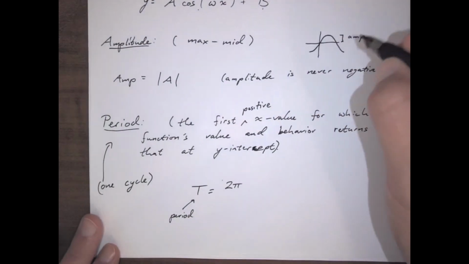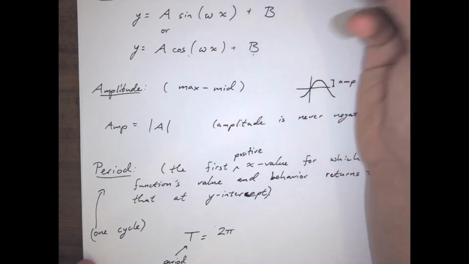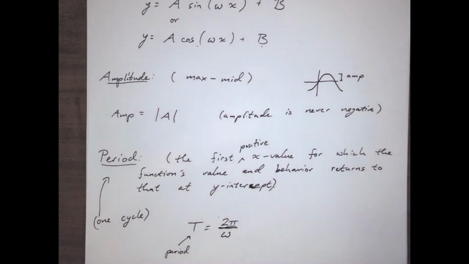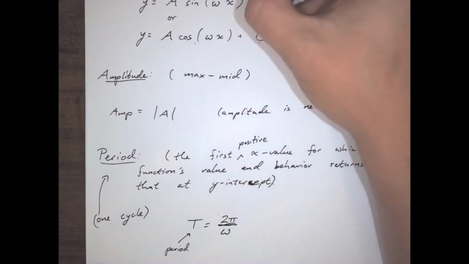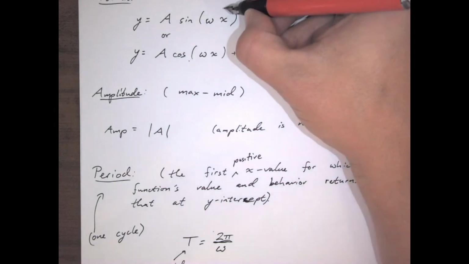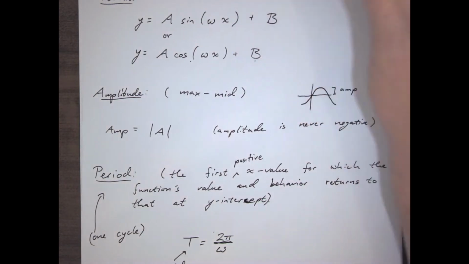And in particular, it is the omega here. The omega is the factor by which the x is being sped up or slowed down. If it's being sped up by a factor of omega, then that will cut the period down. If it's being slowed down by a factor of omega, then that would lengthen the period. And what that would basically look like is some fraction below 1 here to slow it down, or a number above 1 to speed it up.